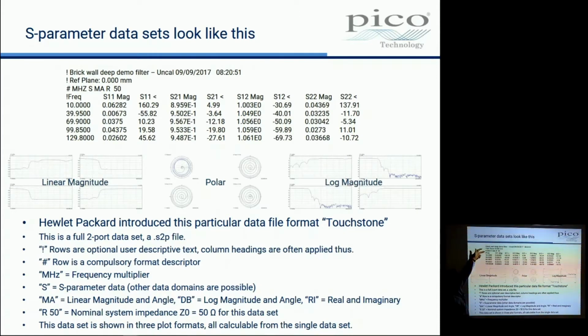And you can see I've put in, as many people do, another pling line there with frequency, S11 magnitude, S11 angle, S21 magnitude, S21 angle as headers to the columns. And then once you have that data, our network analyzer, as you're going to see, can plot all these graphs. This is linear magnitude, this one's log magnitude, these are polar plots, they're all defined from that data.